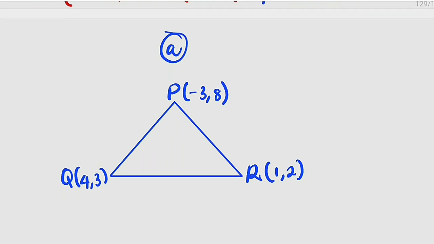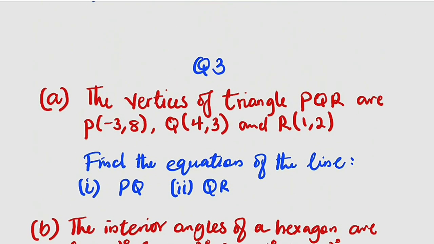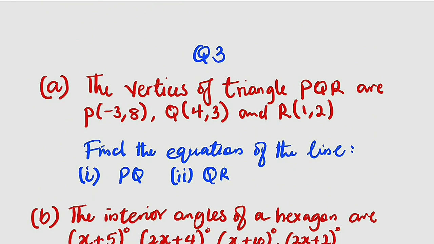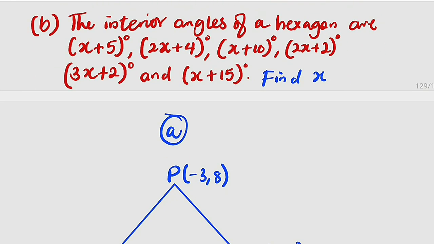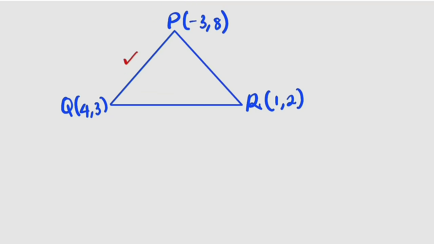I have already constructed my triangle PQR with the corresponding coordinates. We're asked to find the equation of the line PQ. So we're going to start with PQ. So let me mark it. We want to start with this one. So Roman 1. Equation of the line, let me use point slope form.